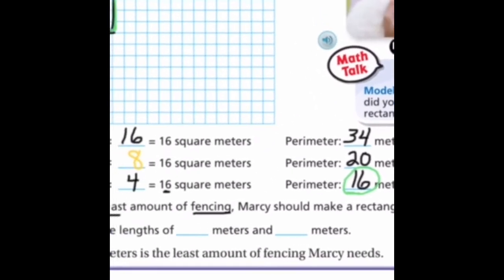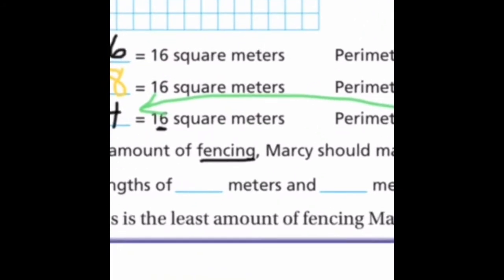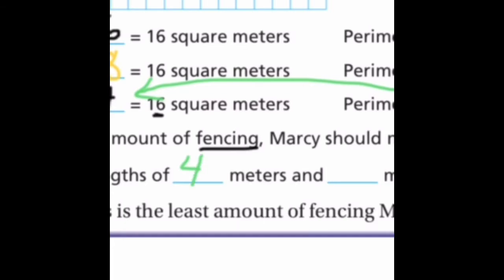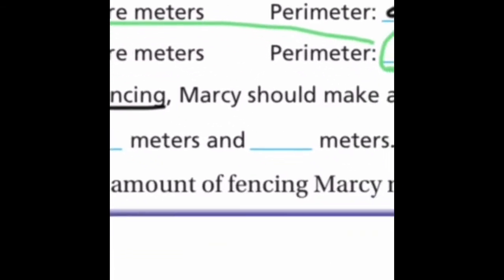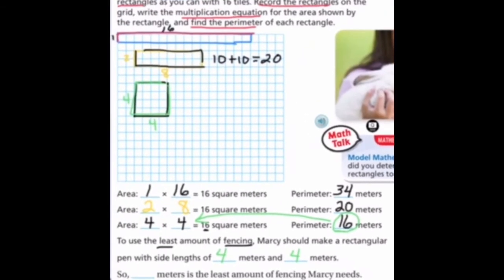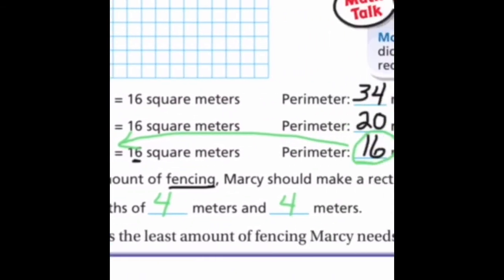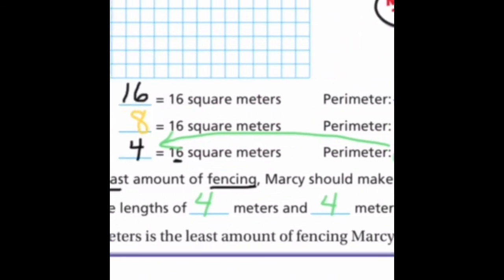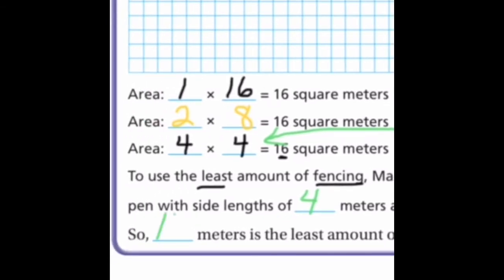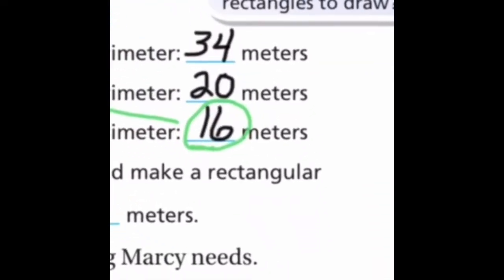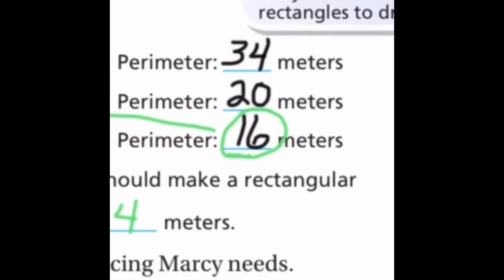So we need to make a rectangular pen with the side lengths of 4 meters and 4 meters. So 16 meters is the least amount of fencing Marcy needs, and that's 16 meters of fencing altogether. And that's what that means right there, the perimeter of 16.